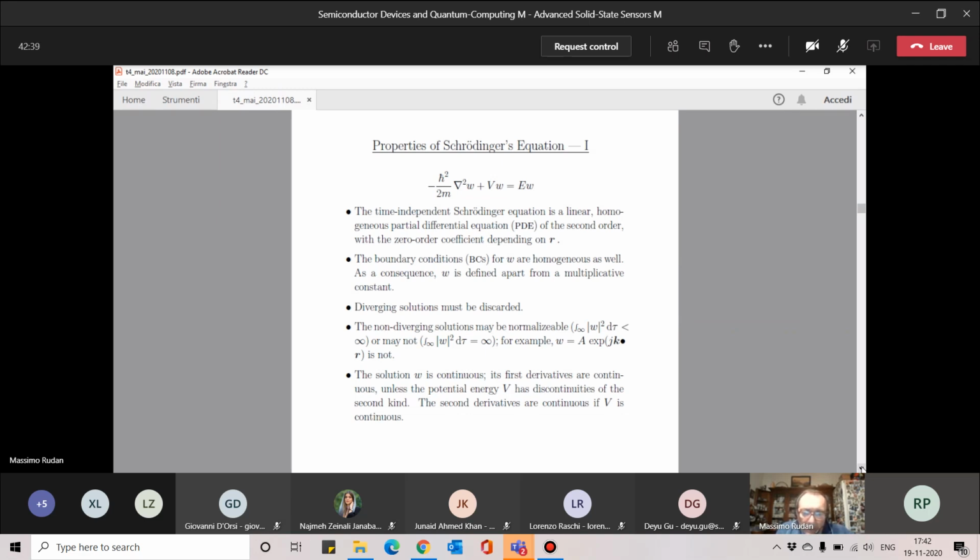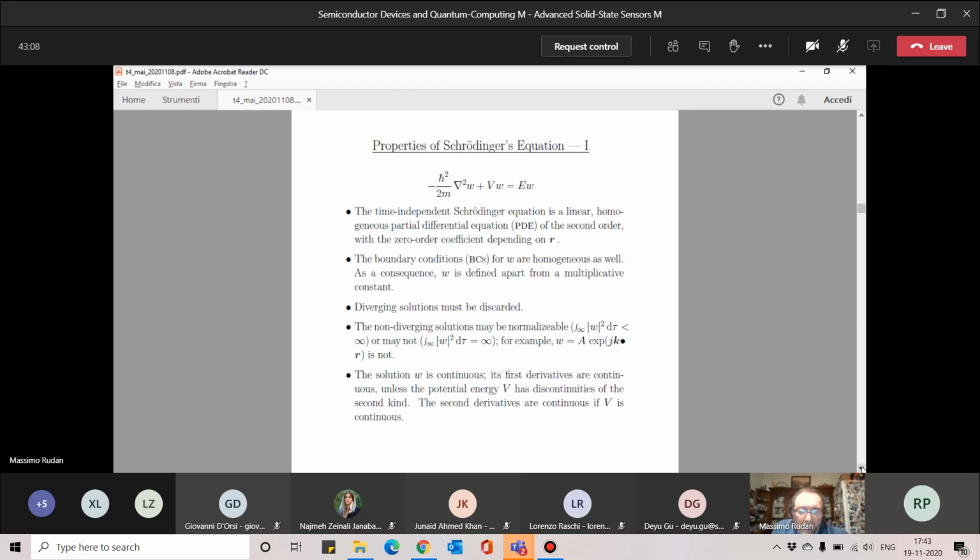It may happen, and it is easy to find examples of this type, that some solutions of this equation diverge. If we take easy examples, we shall immediately see that if you go to infinity, there could be solutions that diverge.